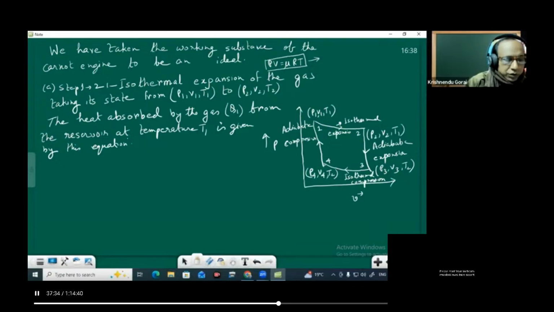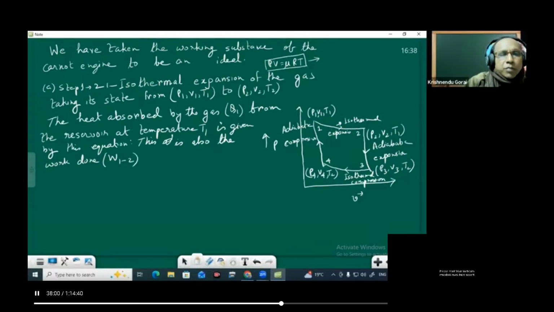Which equation? This is also the work done. From where to what? Work done between 1 to 2, that is from here to here, right? This is the work done. We'll find the work done.